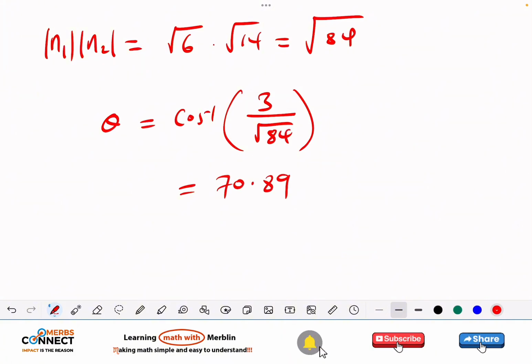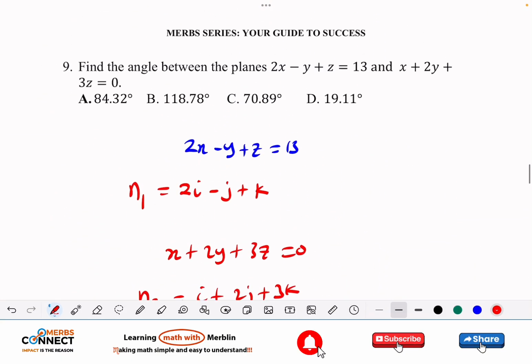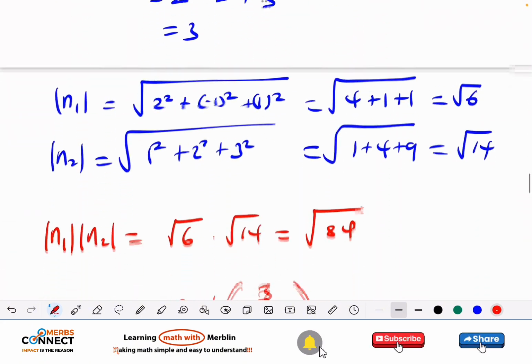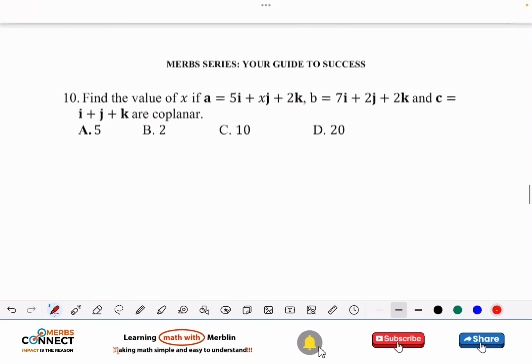Let's go and check the results. If it's not there, we subtract it from 90. So let's check 70 point. Okay, we have it here. So we don't need to subtract it from 90. If you subtract it from 90, none of the answers will be here. So we just choose that one and then we are done.